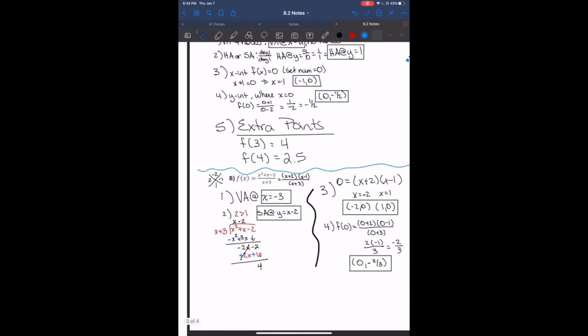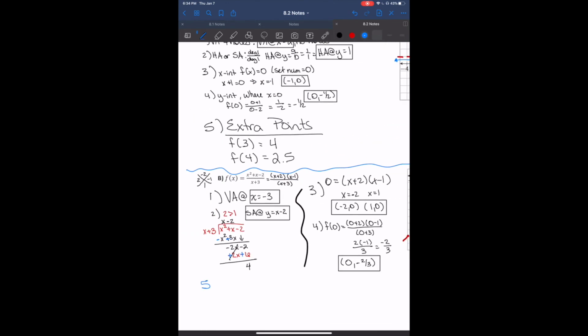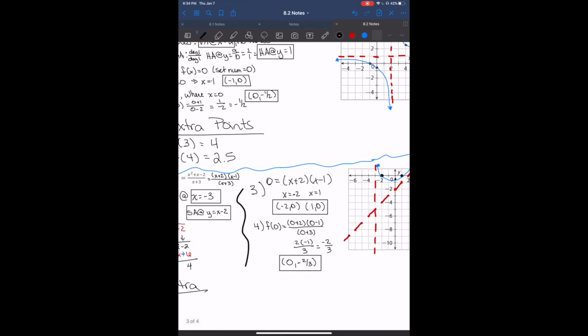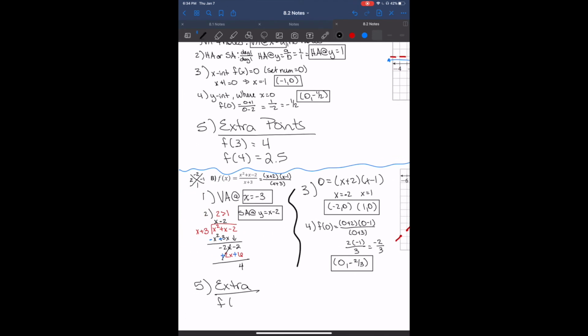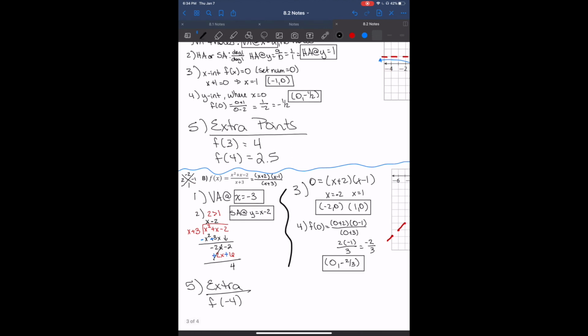So extra points always. That's step number 5. All right, so let's go ahead and substitute negative 4, negative 5, and I'm just going to go ahead and do negative 6 as well.